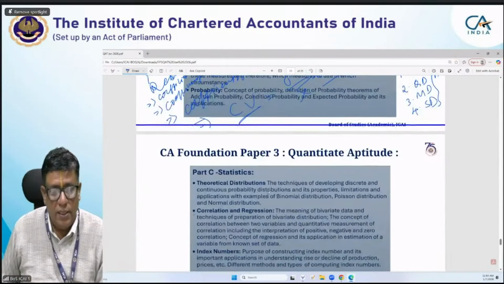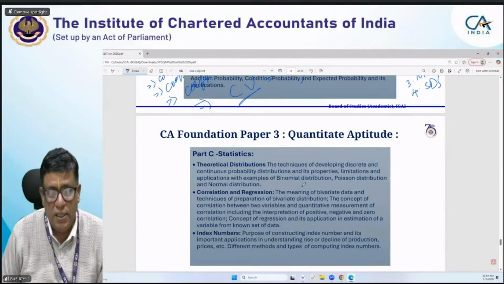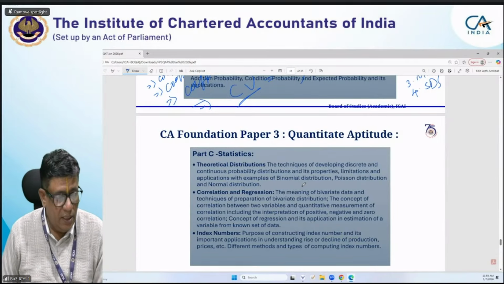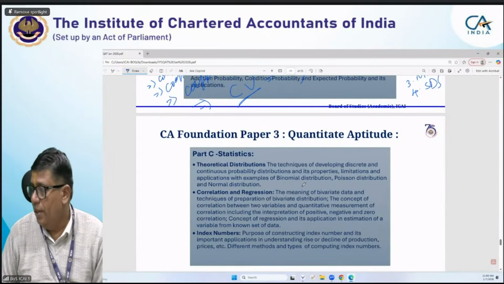Next one is the theoretical distribution. If you see the January student journal, probability and theoretical distribution have been given in a simple way, with simple techniques and formulas that would definitely be helpful to you.